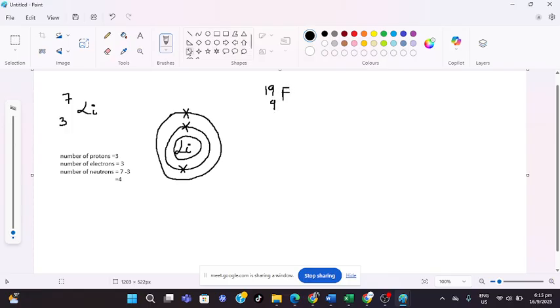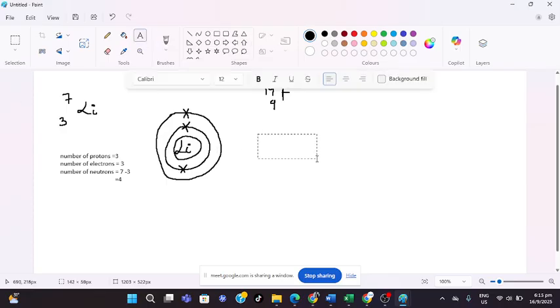So looking here, the number of protons is going to be equal to 9. The number of electrons is going to be equal to 9, and the number of neutrons is going to be equal to 19 minus 9, and we're going to end up with 10.